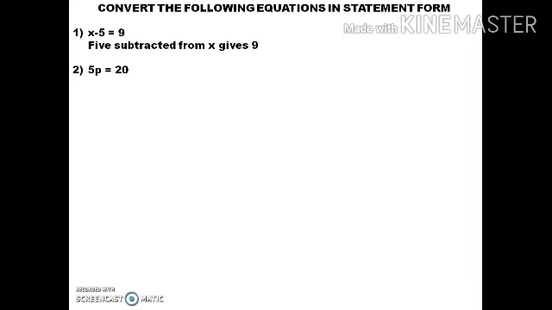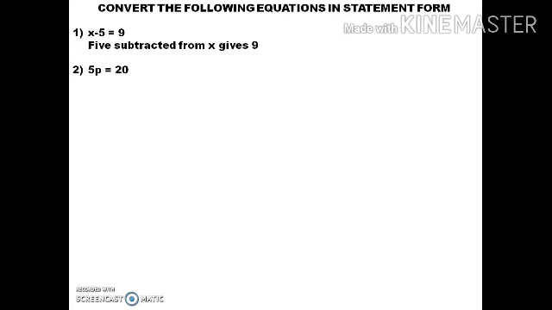Next question. 5p equal to 20. Can you see any operations there? 5p means 5 into p. That is, the operation done here is multiplication. 5 into p gives you 20.